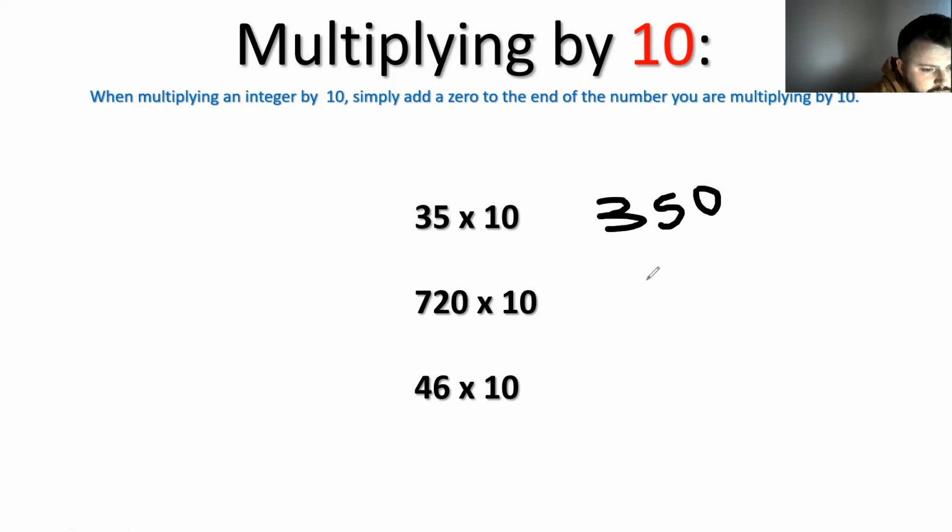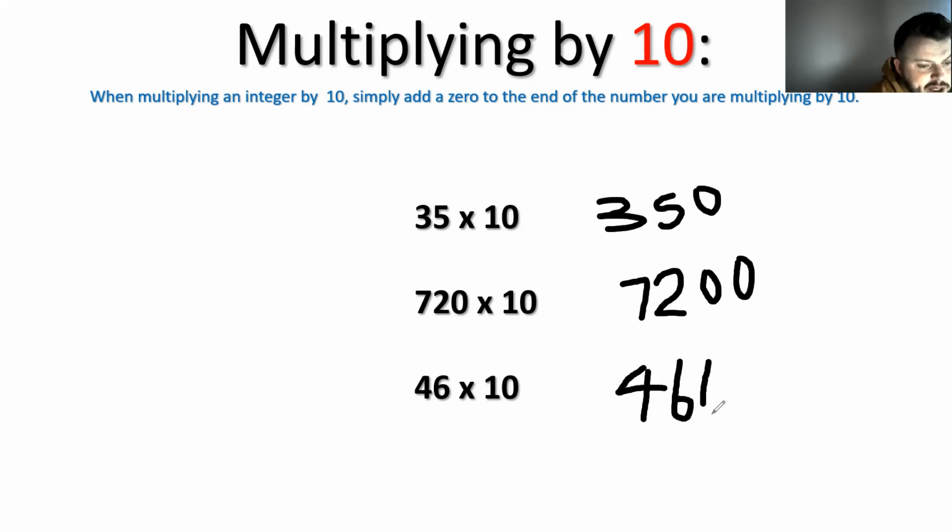Once again, all I want to do is stick a 0 on the end of 720, and that becomes 7,200. And then finally, 46 multiplied by 10. I just put a 0 on the end of 46. What does that become? 460. So we can answer those questions very quickly. We can answer those questions within 3 seconds, okay? And you're going to prove it now.